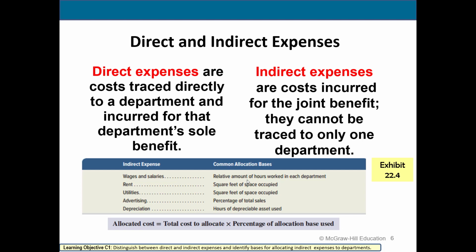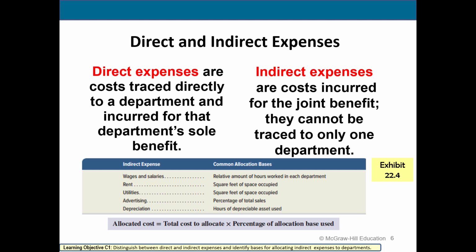And two, how do we allocate service department expenses such as payroll or purchasing that perform services which benefit several departments? The general model for cost allocation is: allocated cost equals the total cost to allocate times the percentage of the allocation base used. And we'll look at several examples.